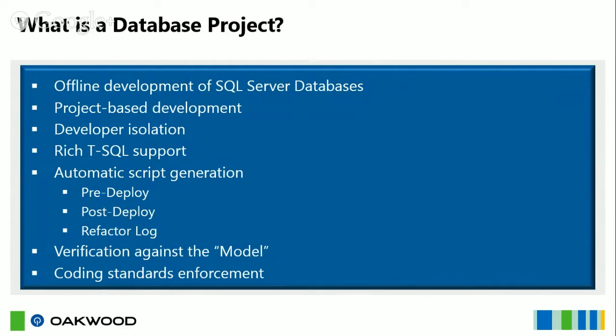To make sure the database project references the object correctly, it uses this refactor log. If you rename a column in the script without using the refactor menu, it tries to update the refactor log appropriately, telling you this column used to be this, now it's that. A better example would be changing the name of a table.